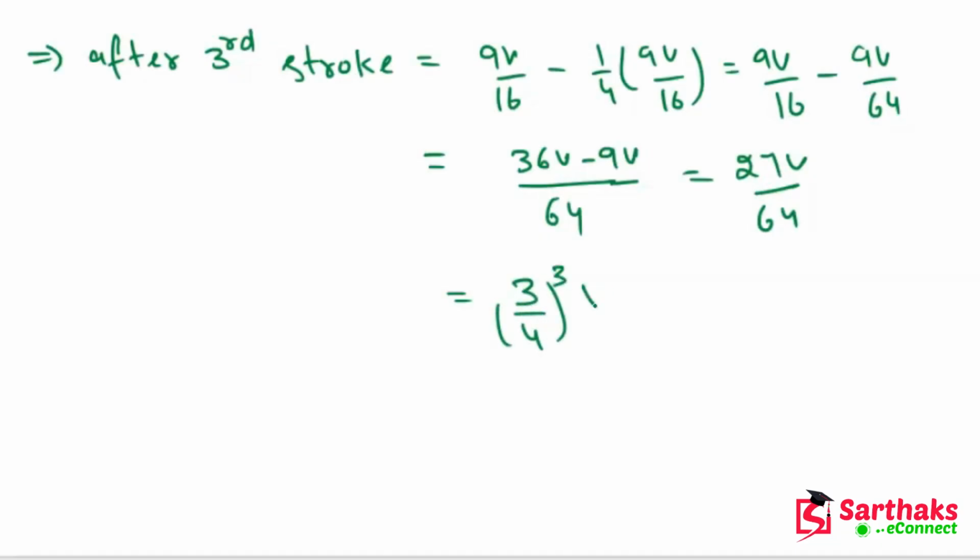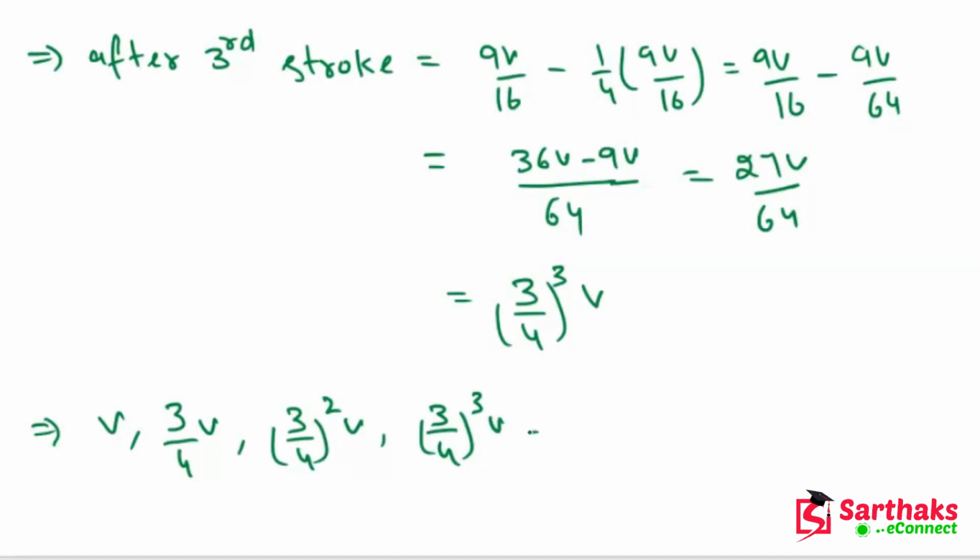whole cube V. So the series becomes V, 3 upon 4 V, (3 upon 4) whole square V, (3 upon 4) whole cube V, and so on, and we can write after the fourth stroke, after the fifth stroke, and so on.